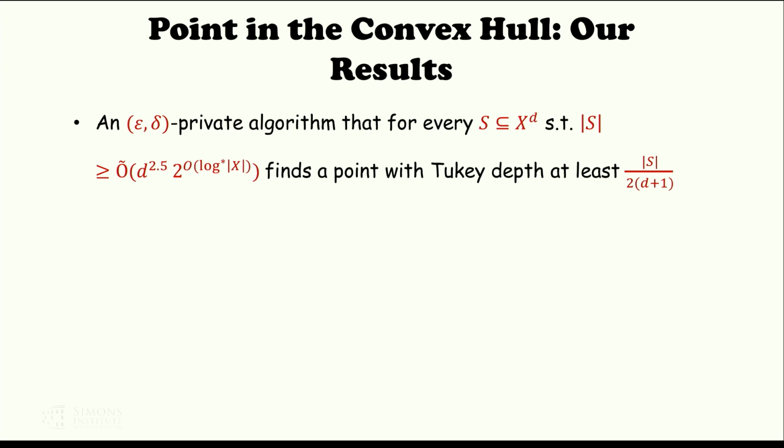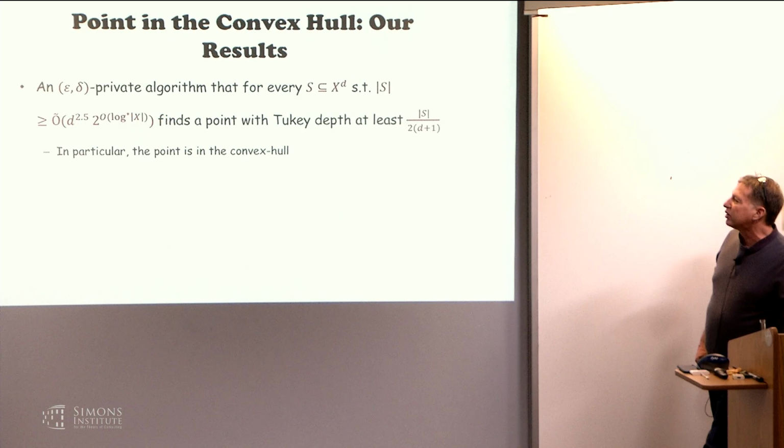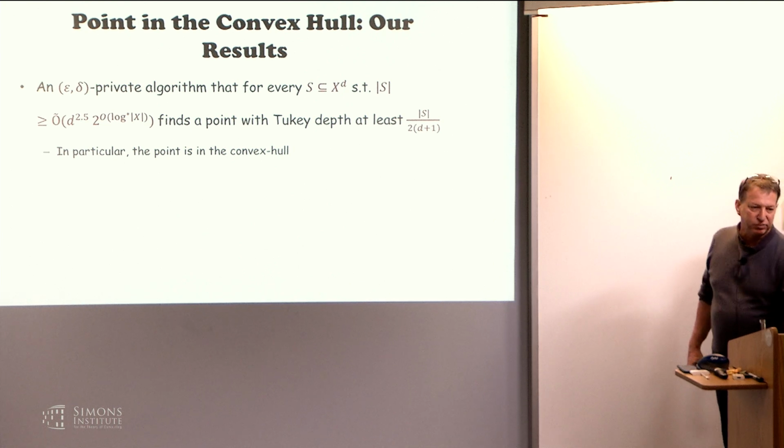The sample complexity of the problem, the size of the set S, is D to the power of 2.5 times 2 to the log star of X. So we have the complexity that we want, depending on the size of the domain, and it will be D to the power of 2.5. In particular, this private algorithm returns a point in the convex hull.